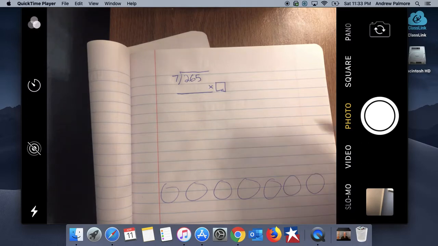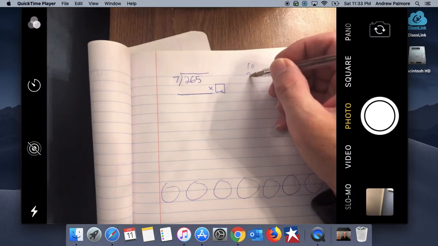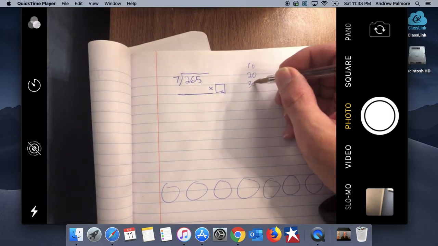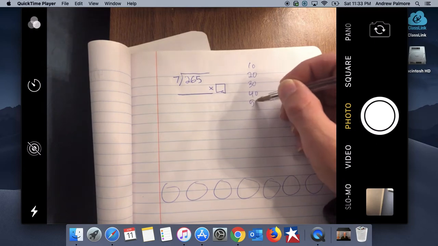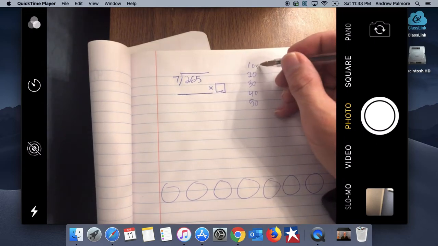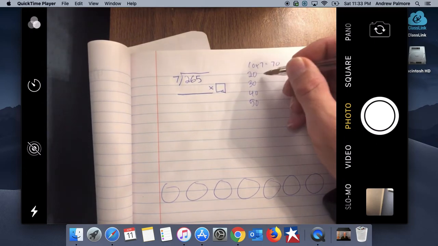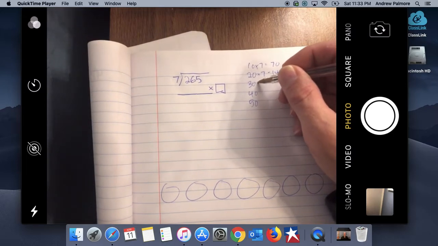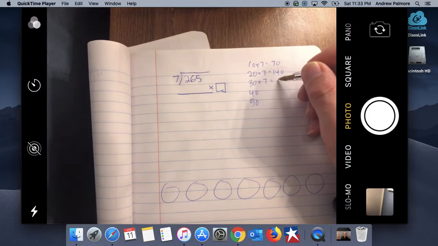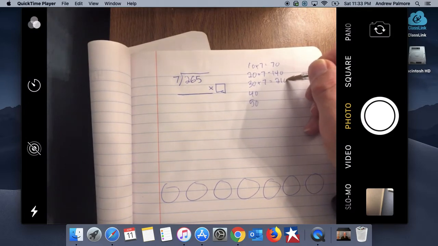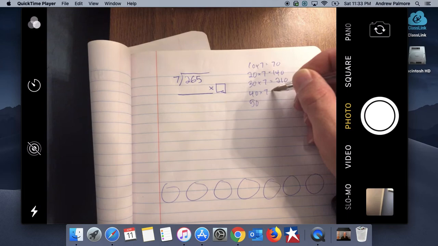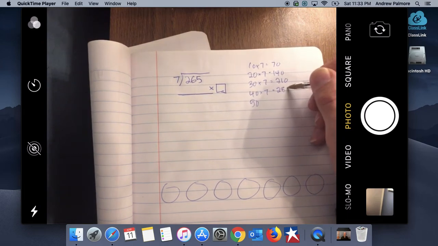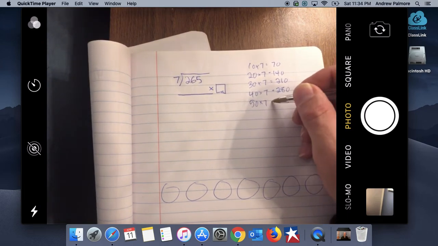What I like to do is think of multiples of 10. 10, 20, 30, 40, 50. I know that 10 times 7 is 70. 20 times 7 is 140. 30 times 7 is 210. 40 times 7 is 280, and 50 times 7 is 350.